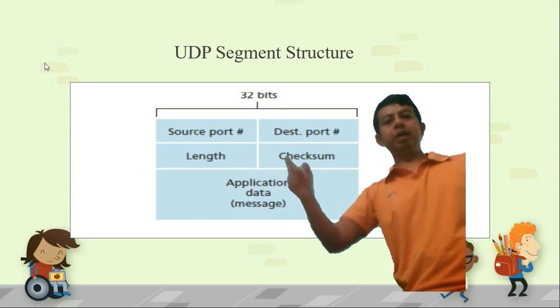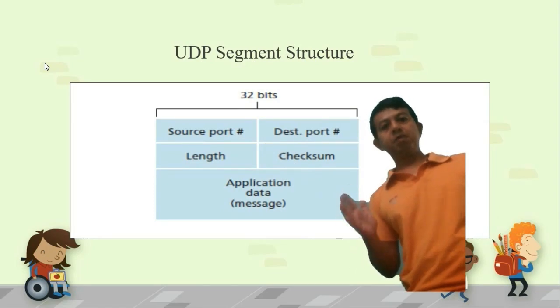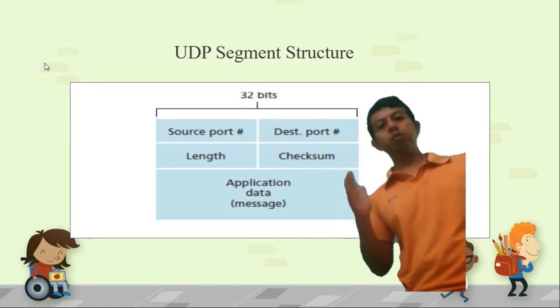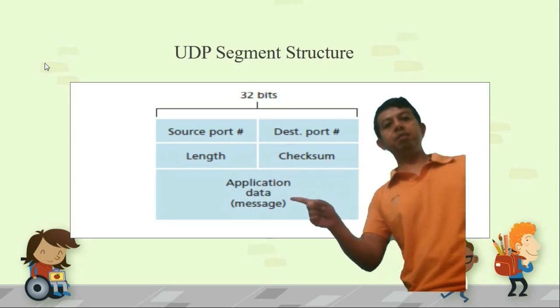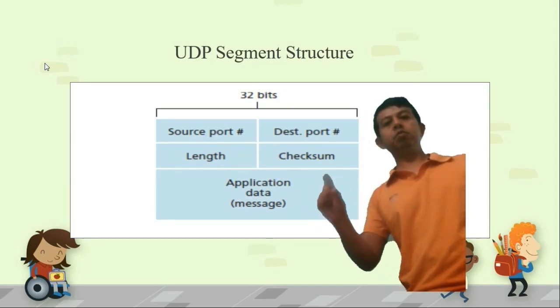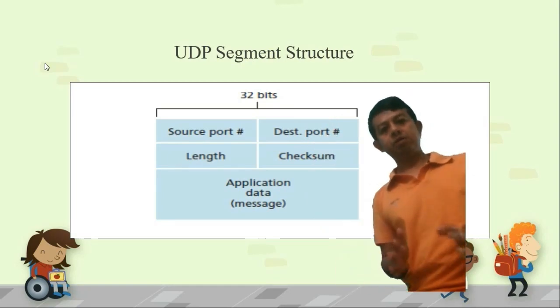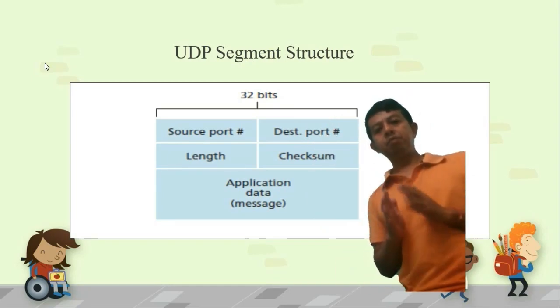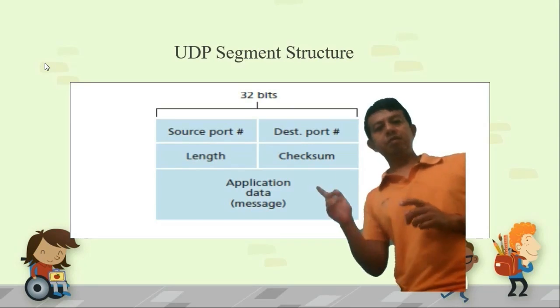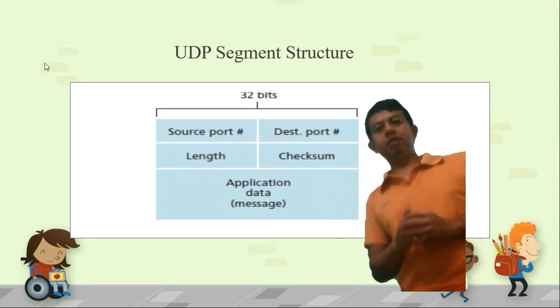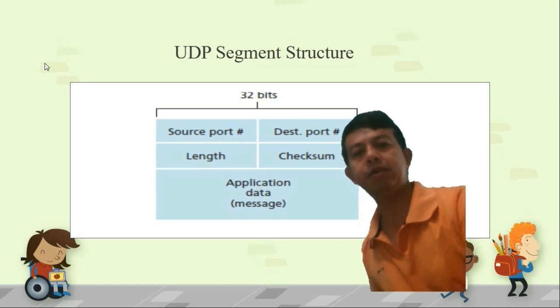That makes 8 bytes. 8 bytes of header information would always be there in a UDP segment apart from the application data. So we have a fixed size of 8 bytes of UDP header that would be contained in every UDP segment. Now let's discuss each of these four header fields in detail.